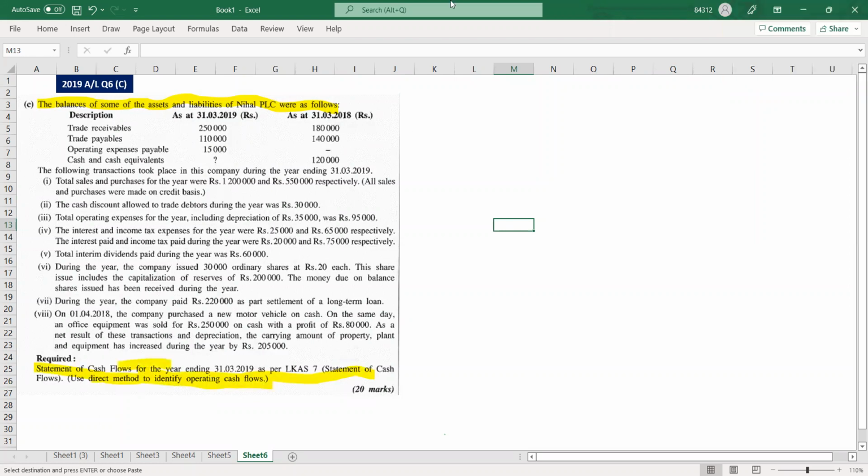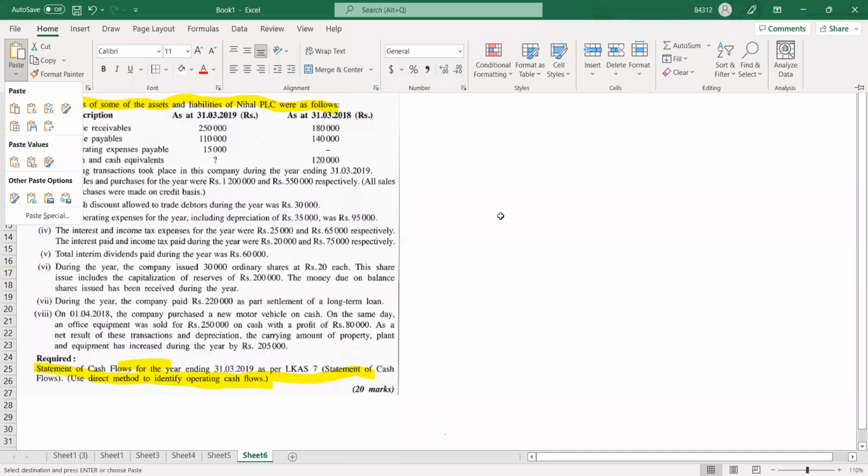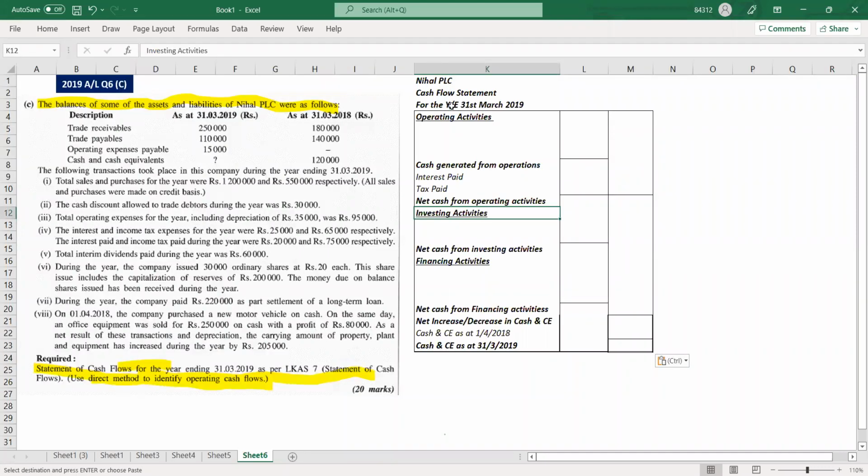Okay. Right. So draw the format for the direct method. Nihal PLC. Cash flow statement for the year ended 31st March 2019.